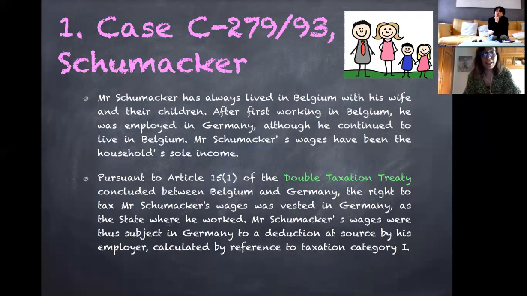So in this case, Mr. Schumacher has to pay his taxes in Germany, because he works in Germany although living in Belgium. Taking into account that Mr. Schumacher wasn't a resident of Germany, although being married, he was treated as a single person for tax purposes.